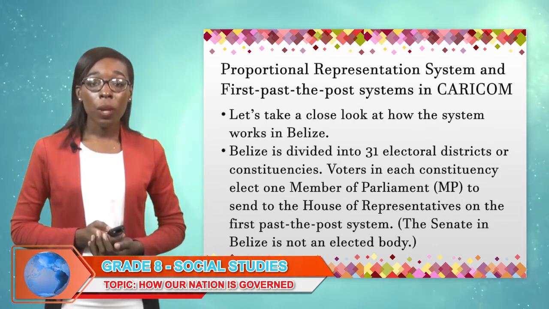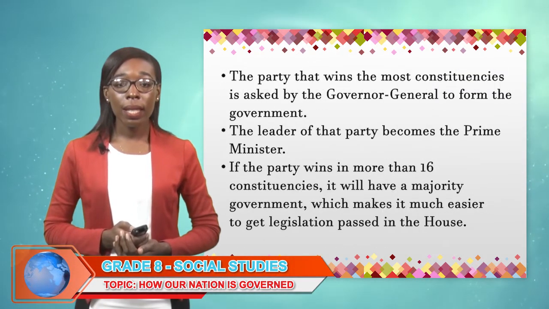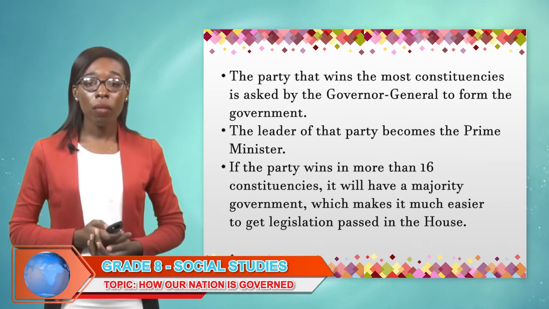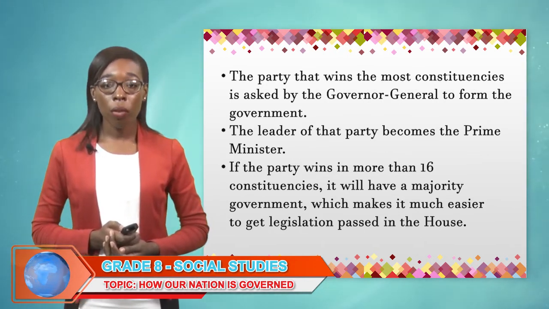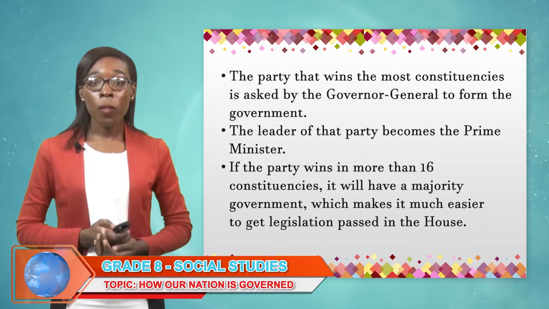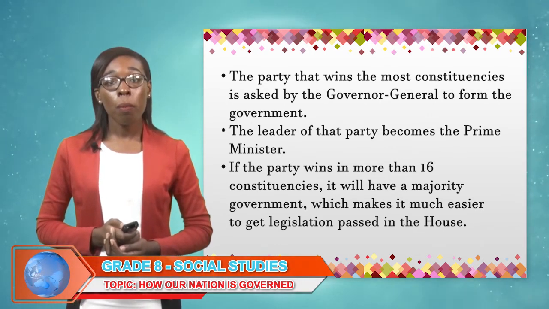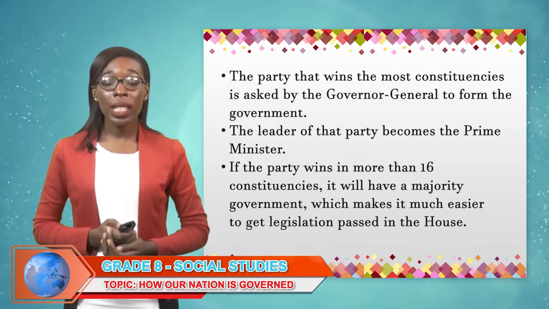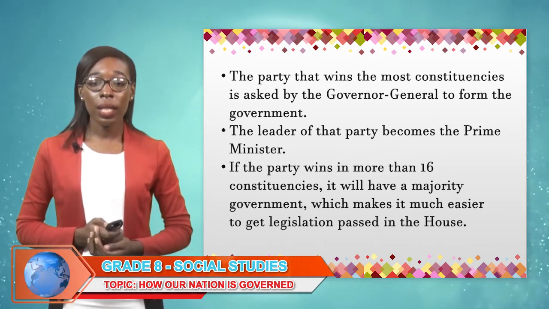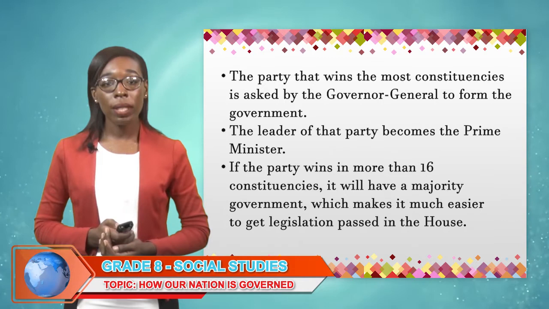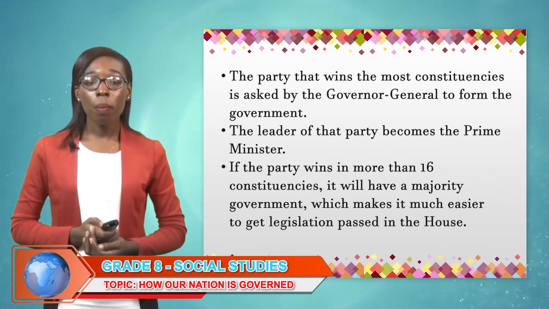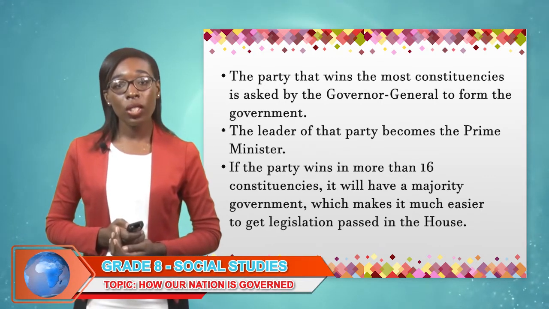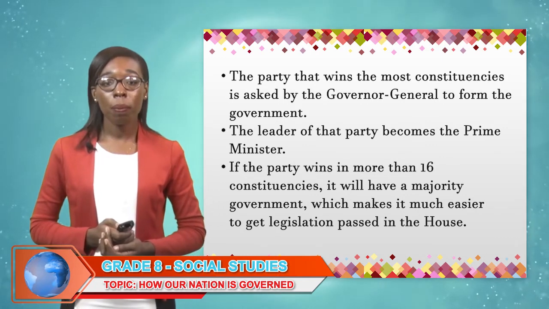The party that wins the most constituencies is asked by the Governor General to form the government. The leader of that party then becomes Prime Minister. If the party wins in more than 16 constituencies, it will have a majority government, which makes it much easier to get legislation passed in the House.